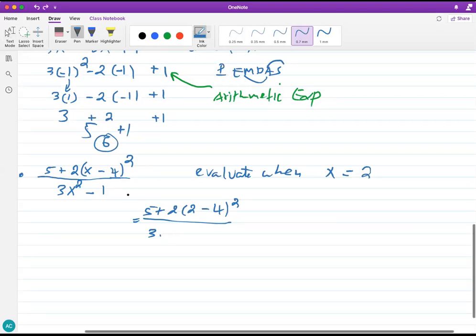But instead of x, we need 2. To the second power, so 2 to the second power, and minus 1. Okay, so we plug. All right, now we're going to basically just simplify this.